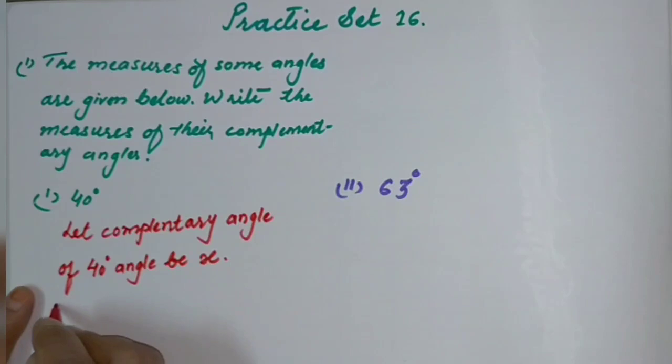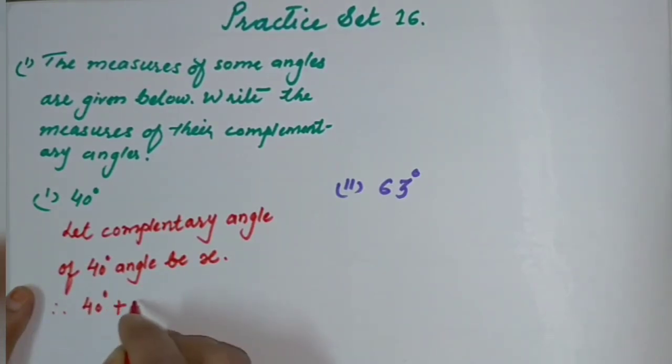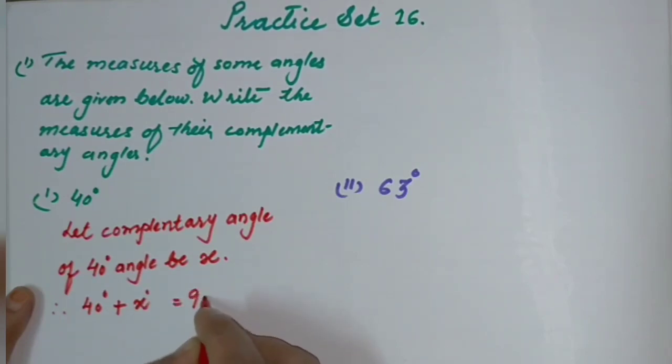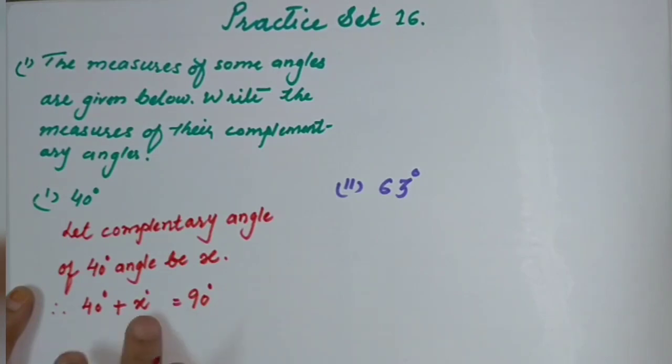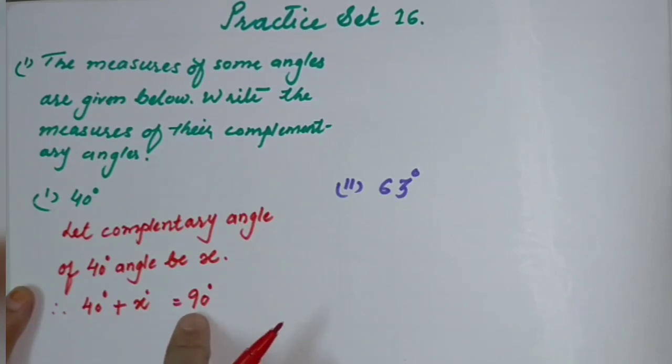Okay, therefore 40° plus x degrees is equal to 90°. Why is it 90? Because it's a complementary angle. When the sum of two angles is 90 degrees, they are called a pair of complementary angles.